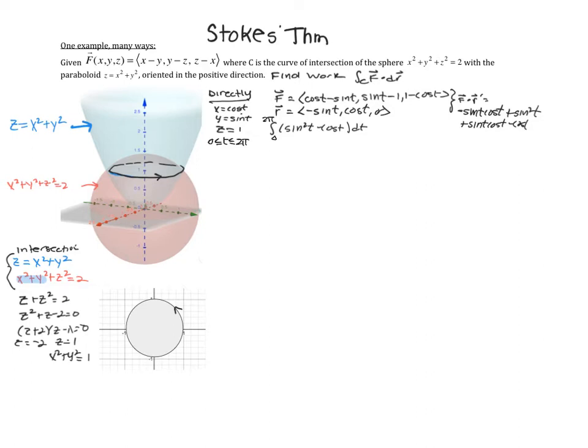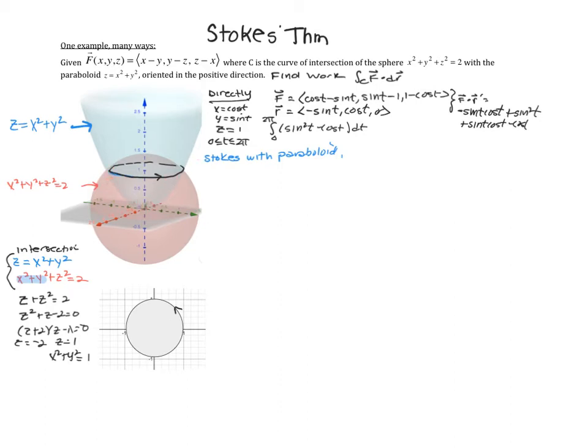But let's see how we could use Stokes' theorem. Let's suppose I want to use the paraboloid. Stokes' theorem says that for any surface that's bound by this curve, like this is your bubble wand, and if you blow this way and you get this blue surface as your bubble, that's what I'm going to do.